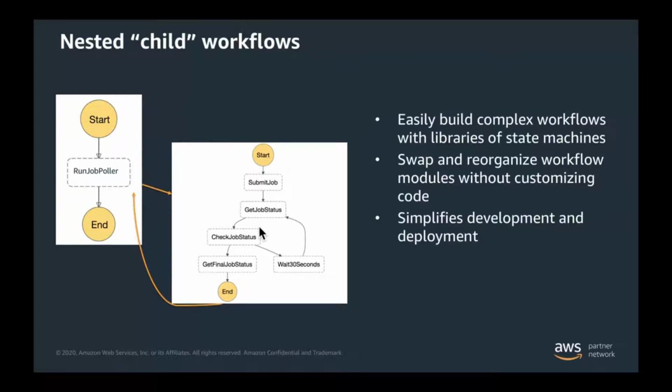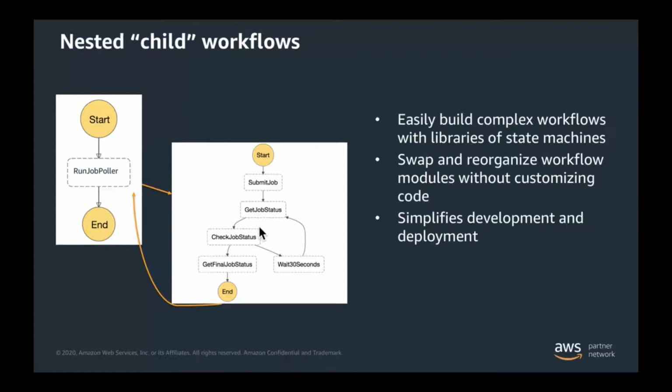We have customers nesting up to 5 levels deep. And we also have customers that are using a standard workflow to nest together a whole bunch of child workflows that are running with express workflows, say doing data processing.